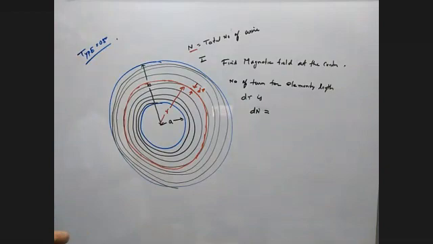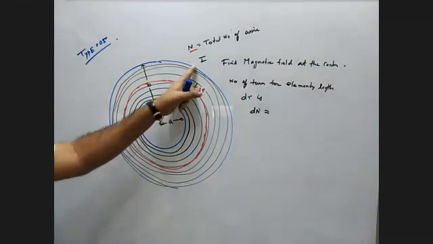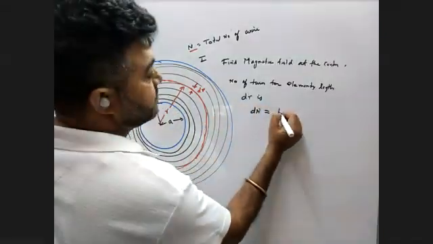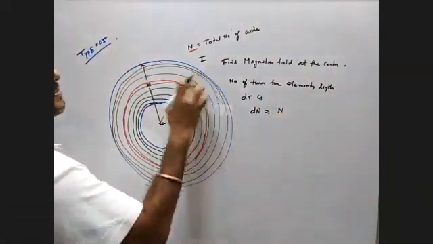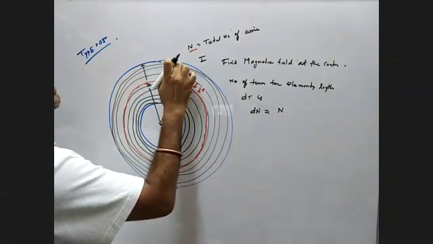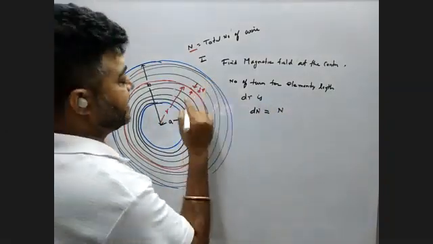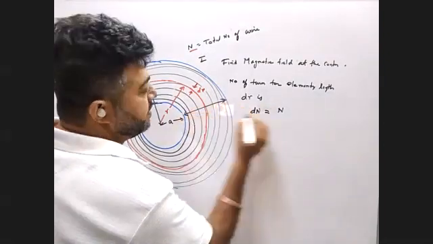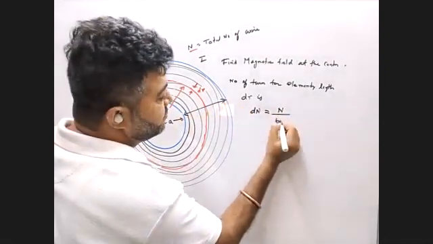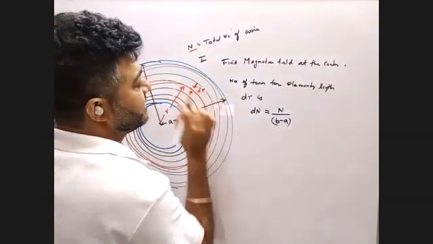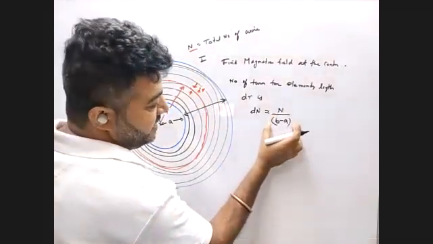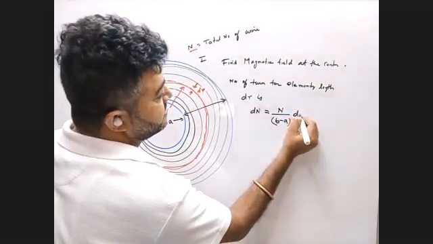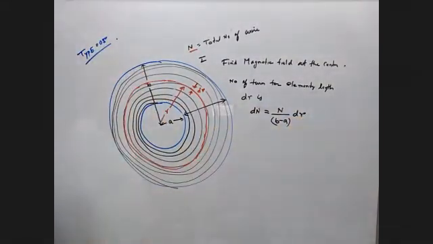Try to understand. मेरा total number of turn कितना है, N, yes or no? 1 2 3 4 5 6 7 8 9 10 करके N. ये thickness मेरा कितना है, total number of turns by total length b minus a and the thickness dr. Is it clear, everyone? Everyone, is it okay?